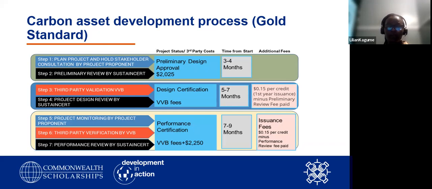If, for example, we are monitoring health and safety, it's at this stage also where we check whether you have obtained all the required legal documents relating to health and safety. And all this goes to the third party for verification.